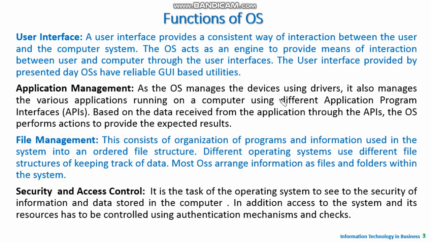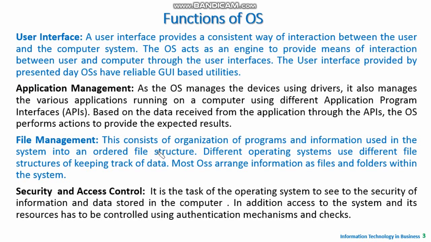So it manages devices using drivers, as we saw. It also manages various applications using what is called an API, that is application management, based on the data received. And the next is file management. This explains how information is stored in the computer and how it is organized.